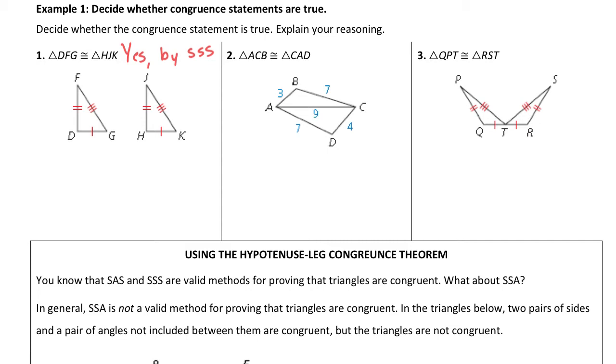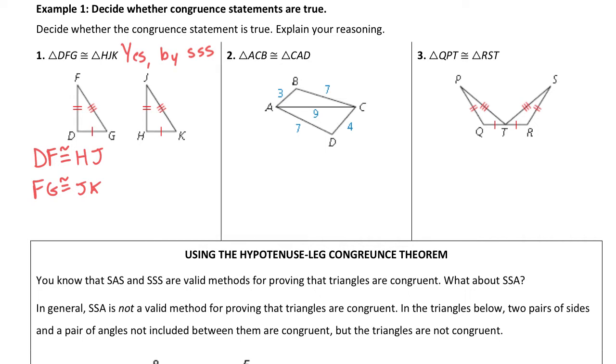If we look at the markings, DF is congruent to HJ, right? FG is congruent to JK.